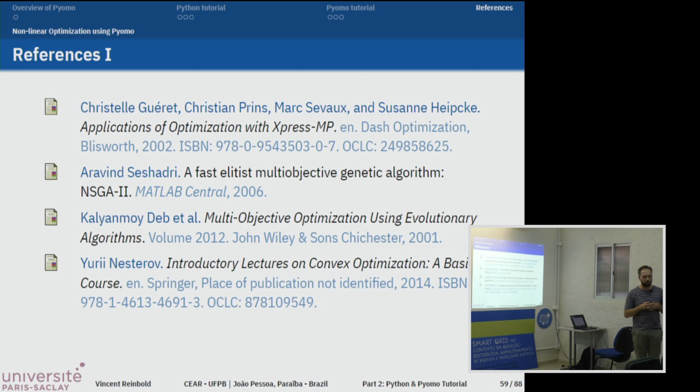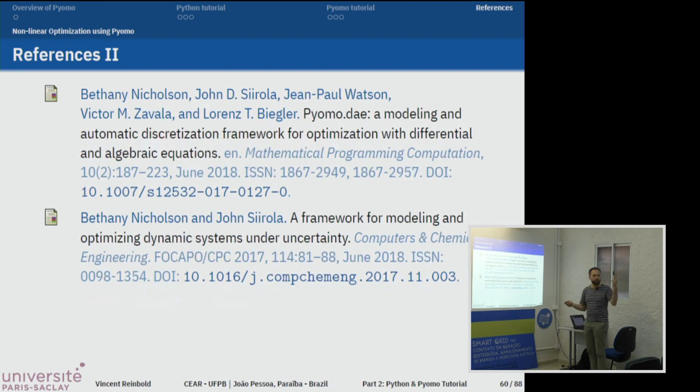This is the end of the Pyomo general tutorial. It is based on two books and the work of two people, Bethany and John here. There's a big team behind that. Actually, there are two main papers.